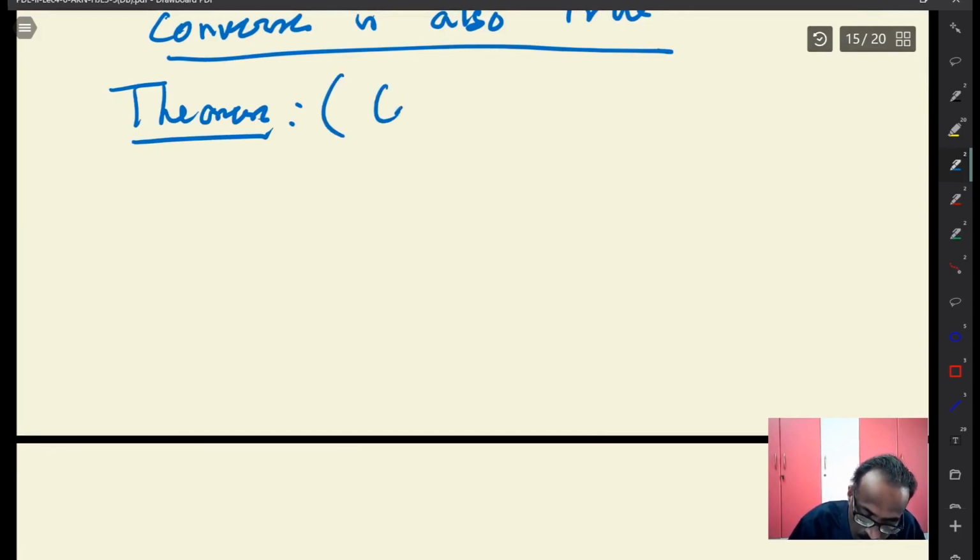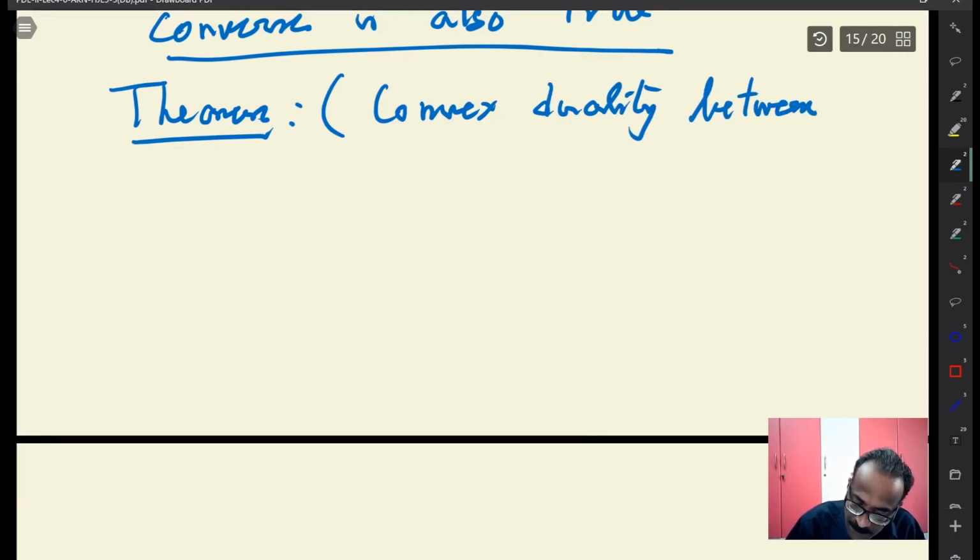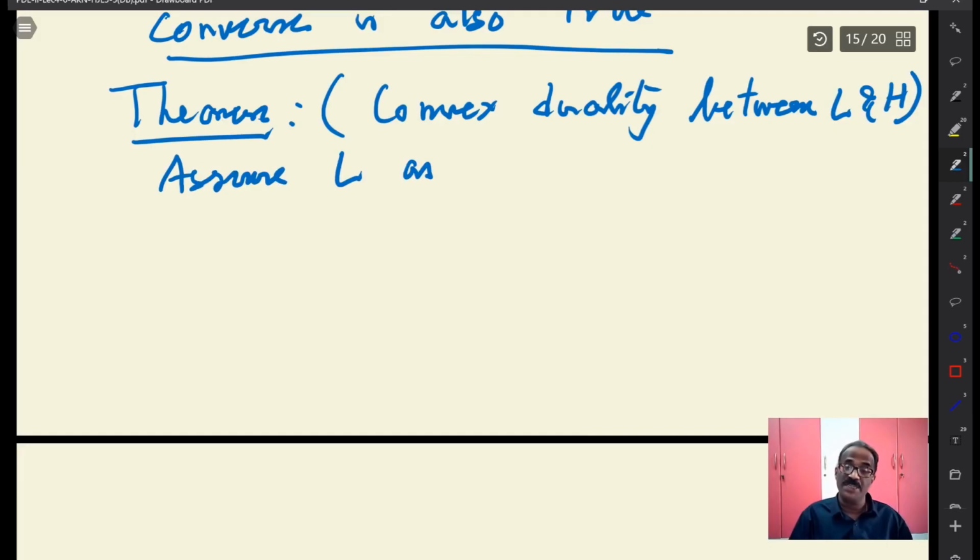This is called the convex duality between L and H. Assume L as above. That means L is convex, continuous, and coercive as above, and satisfying all assumptions, and H is defined as above, assume solvability.